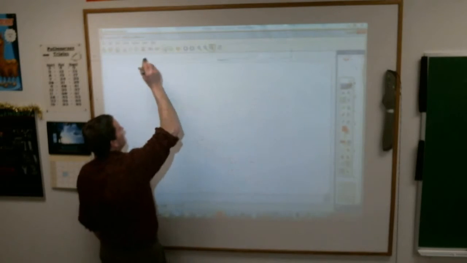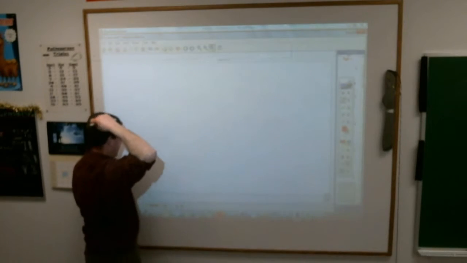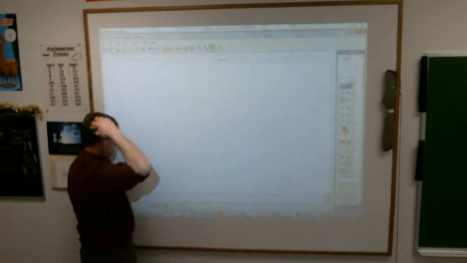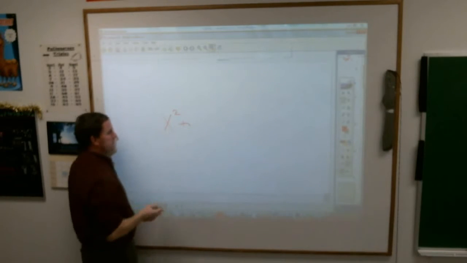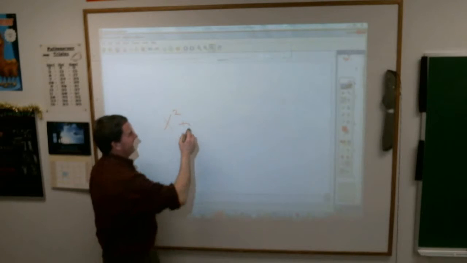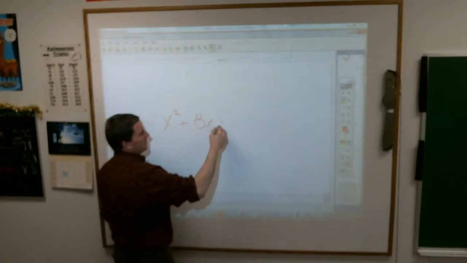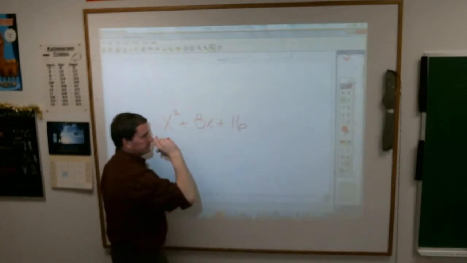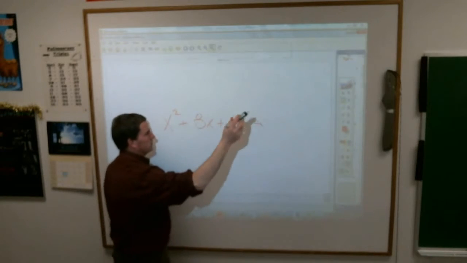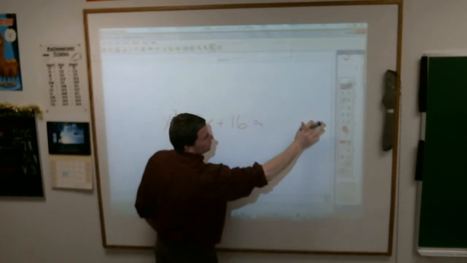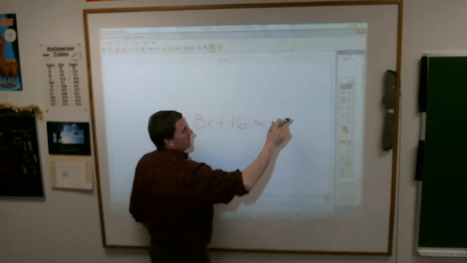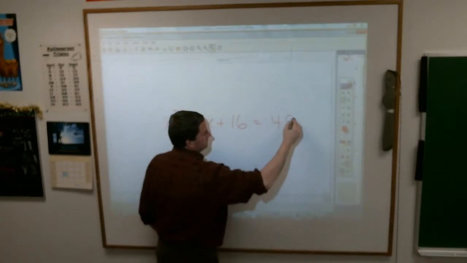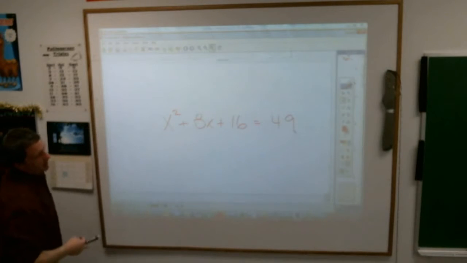Now, let's not forget that this might happen here. Take a look at this: x squared plus 8x plus 16 equals 49.